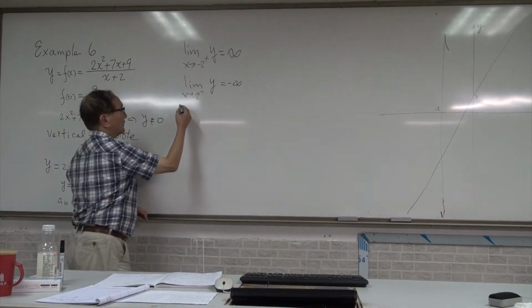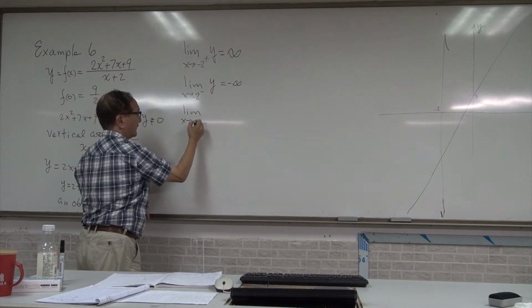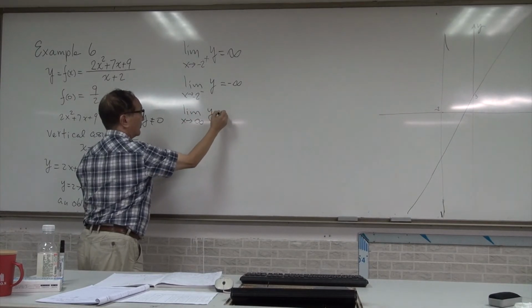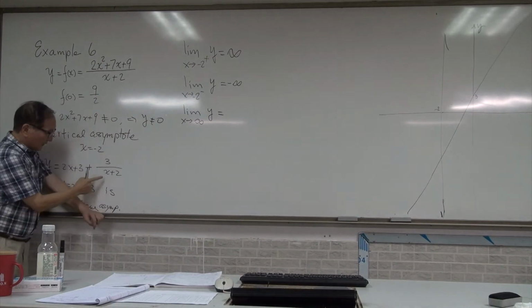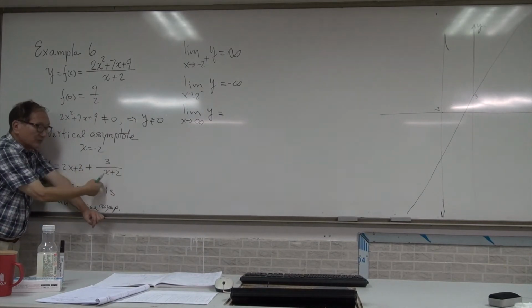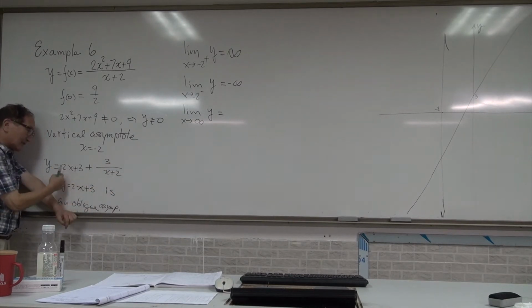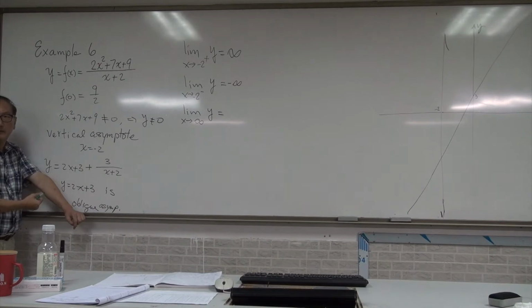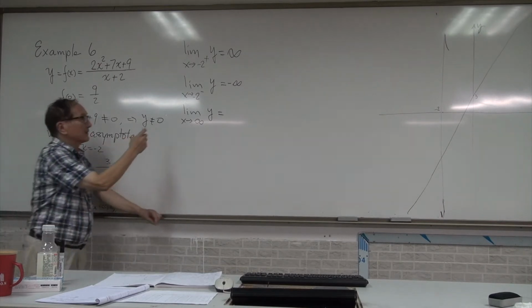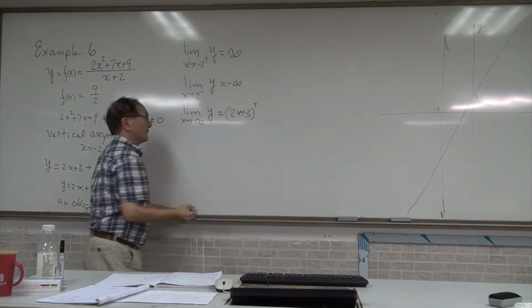And then when x is approaching positive infinity, what happens to y? When x is positive infinity, this means a very big number, so this will be a very small number, but positive. So y is 2x plus 3 plus a very small number, a little more than that.